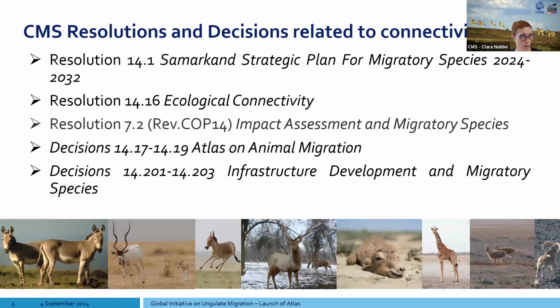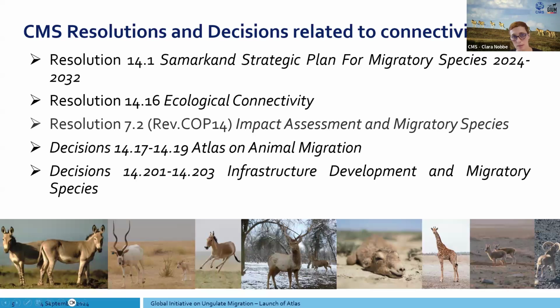And Goal 3 captures that by 2032, the direct mortality of migratory species caused by human-made infrastructure is significantly reduced to levels that are not harmful to the species' viability. So again, you see here the parties, range states, have made a big commitment for which they require data that is contained in the Atlas.